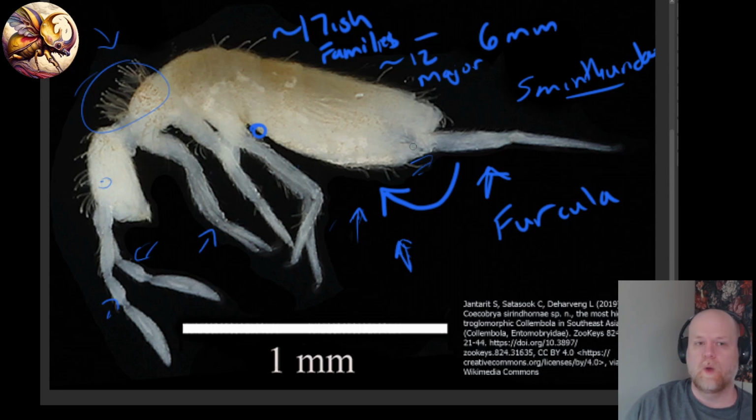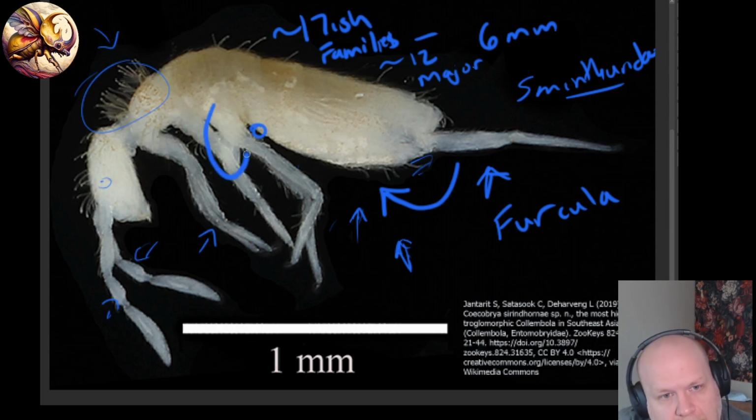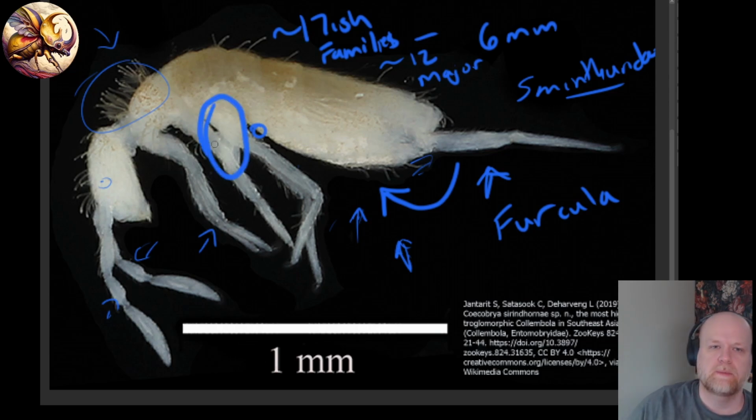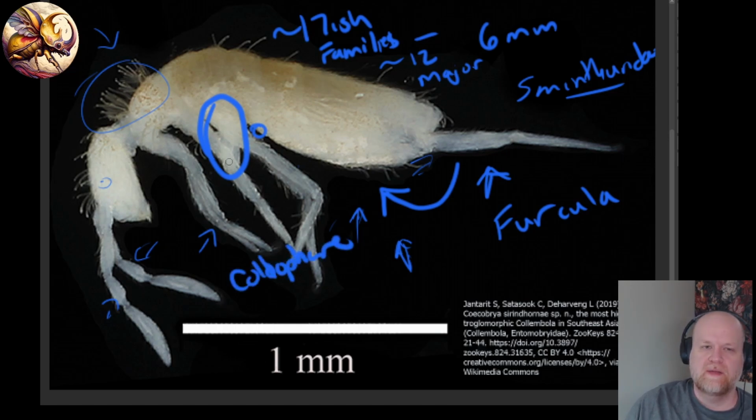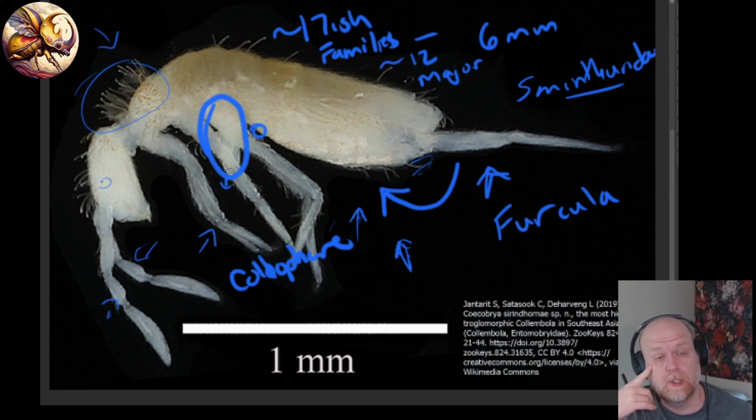They also have one other major anatomical structure that other entognathes don't have, and you can't really see it here, it's so hard to see, but in the middle here, if you were to part their legs, they have a structure called a colophore. Yeah, so it is called a colophore. And it's kind of a weird thing. It excretes a mucus that's like a stickum glue.